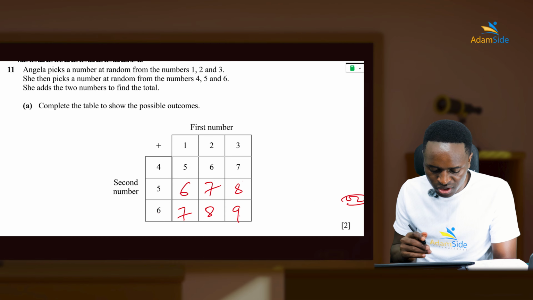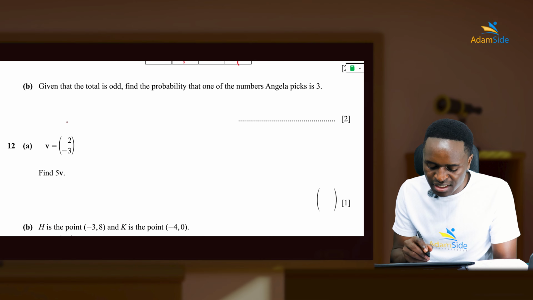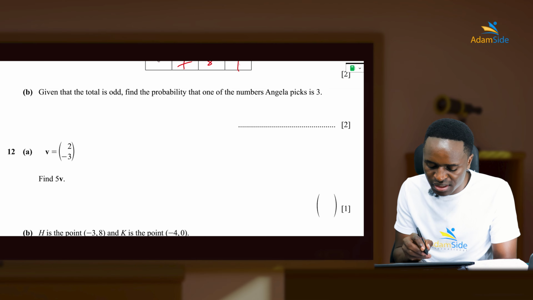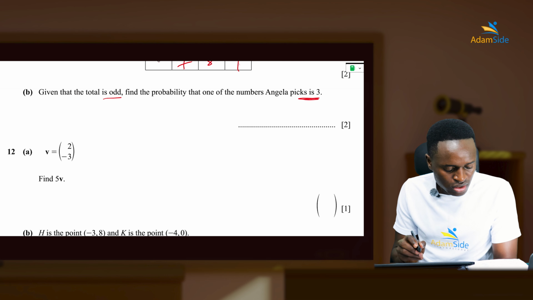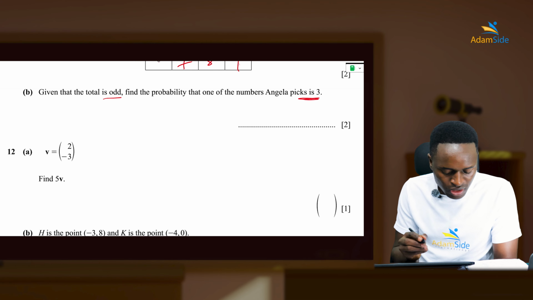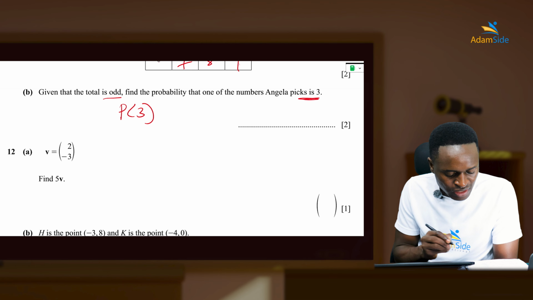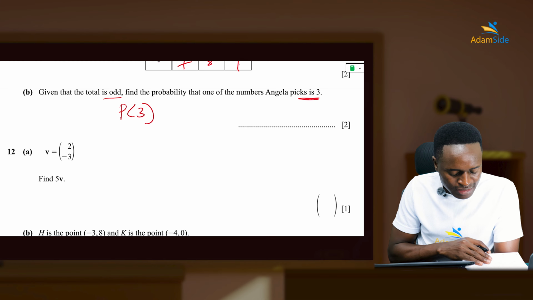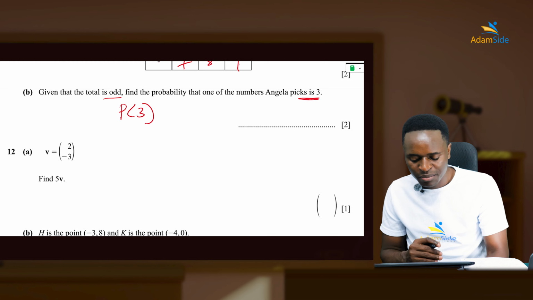Continue. 11b. Given that the total is odd, find the probability that one of the numbers Angela picks is 3. So given that the total is odd, we want to find the probability that she picks 3. How many outcomes do we have with the number 3?